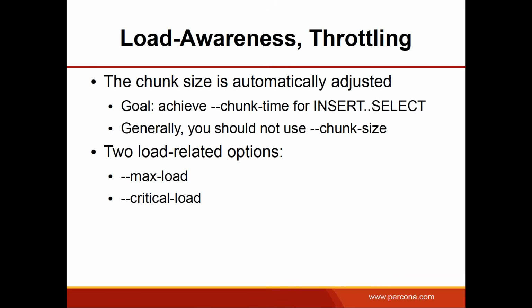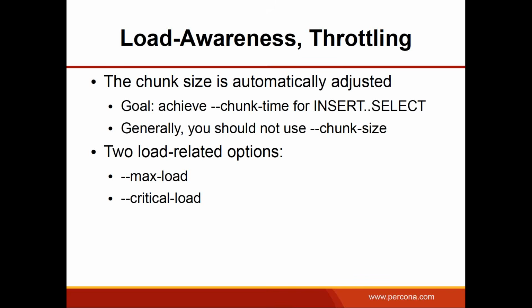As opposed to some of the older tools in Percona Toolkit where you had to spend a lot of time adjusting the chunk size option, here you should leave the chunk size option at its default, which is disabled, and instead adjust chunk time. Chunk time is half a second by default, which seems like a good baseline amount of time that's not too small so that the tool has to do a lot of extra work, but not so large that it's going to cause a lot of interference either.